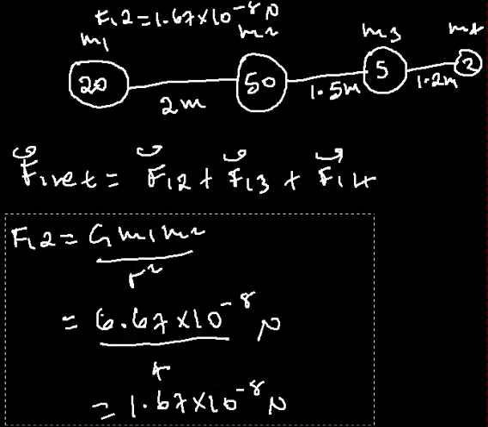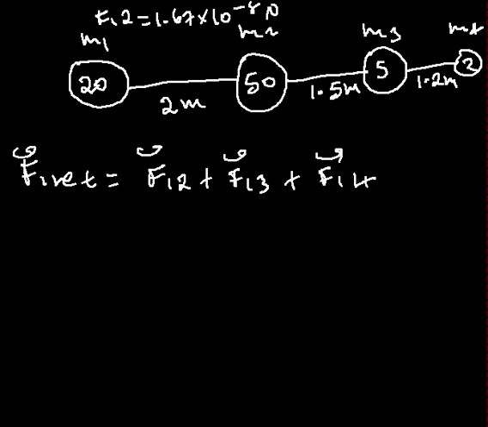And we should also have what we call F13. So what will be F13? F13, using the same formula, we'll have it as G times mass 1 times mass 3 divided by the separation distance. So what is G? We'll have it as 6.67 times 10 to the power negative 11. By the way, make sure you are having all these in brackets whenever you are plugging them into the calculator.